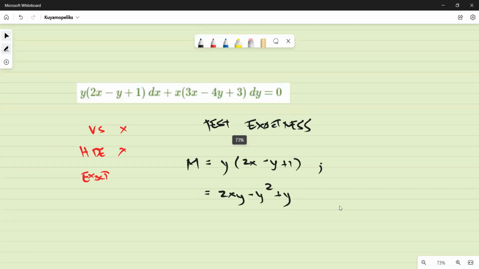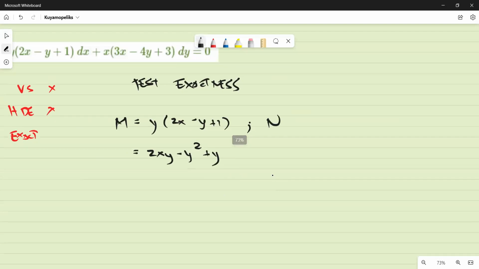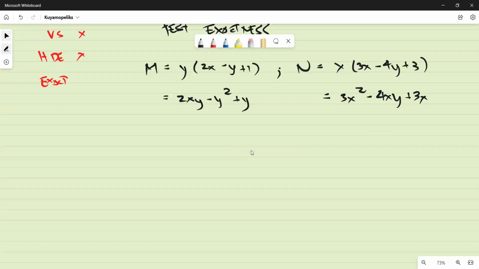Then, what is our N? Our N is x(3x minus 4y plus 3). We can further simplify this to 3x squared minus 4xy plus 3x. So, let's do the test for exactness.